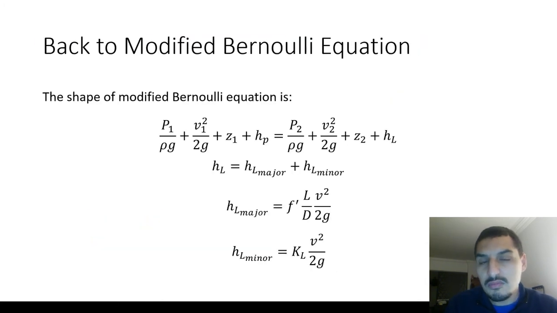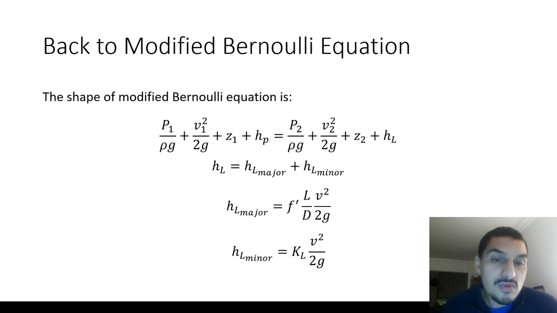So the modified Bernoulli equation now will not change actually. The original equation is going to be the same, but the difference will be in the definition of the H losses. Before, we used just the major, but here we will put the major and the minor. Here is the HL major, it's this equation, and the HL minor is KL V square over 2g.